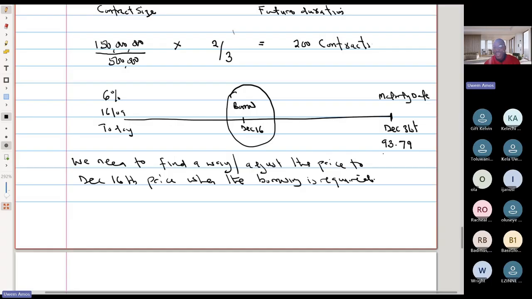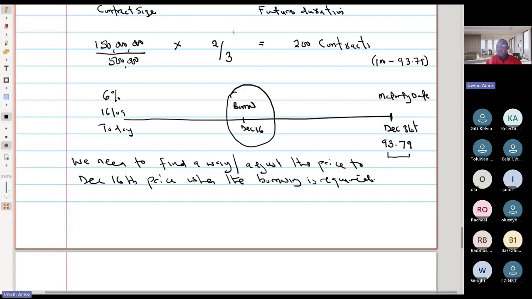at 93.79. Now, this 93.79 that is used in the market is referred to as the market reference rate. To get the percentage equivalent of 93.79, we basically say 100 minus the reference rate of 93.79.